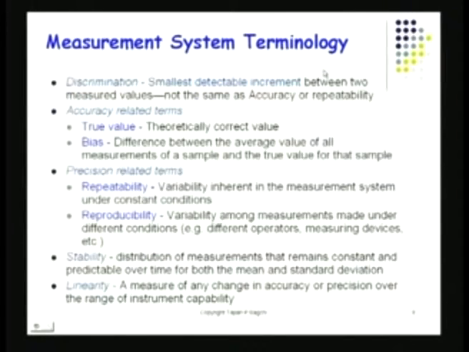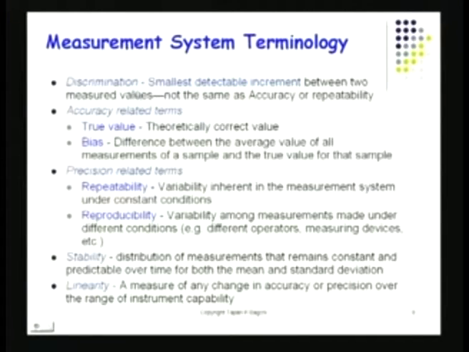Now, looking at some of the terminology, measurement systems analysis has become a science. We have tried to understand the different terms and aspects we have to study, and the measurement systems experts have coined their own terminology. First of all, there is something called discrimination.